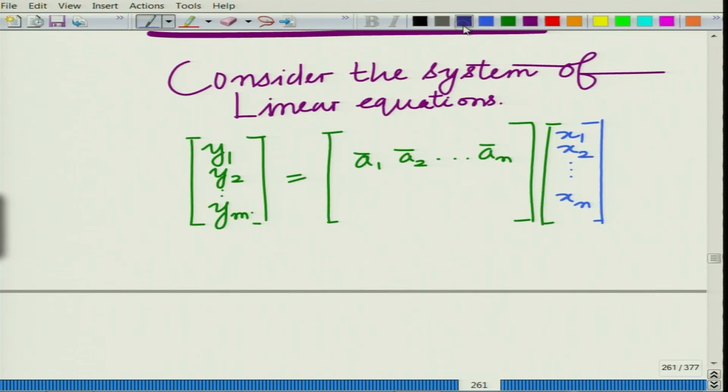Except in this case, we have this matrix, this is an m cross n, and for the least norm problem specifically we have m less than n. So, we have an m cross n matrix, m is the number of equations, n is the number of unknowns, and we have m less than n, right.